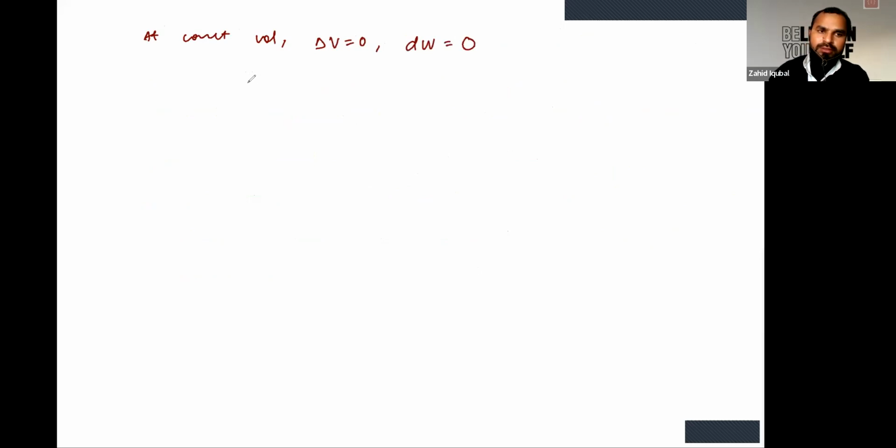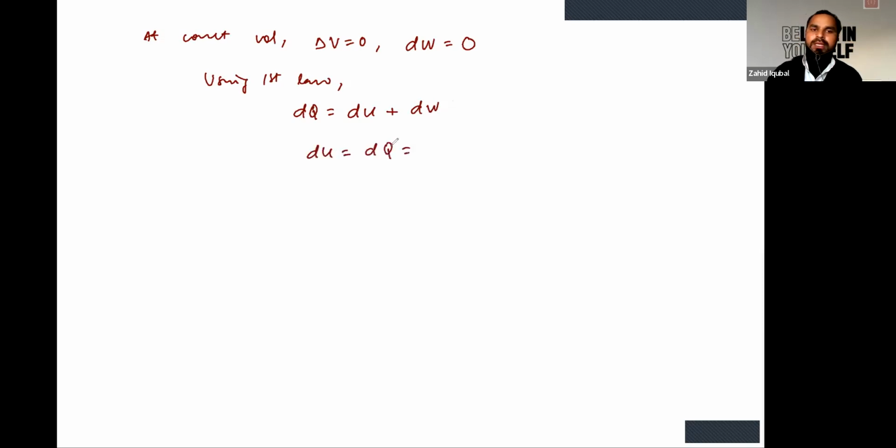So using the first law of thermodynamics, dq is equal to du plus dw, and since dw is 0, du is equal to dq. Heat supplied is equal to n times C into dt, and C in this part is at constant volume, so it will be Cv. Let's say this is equation first. Is it clear? Yes, sir.